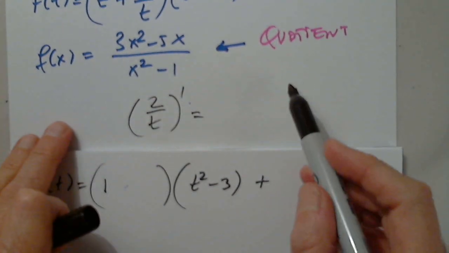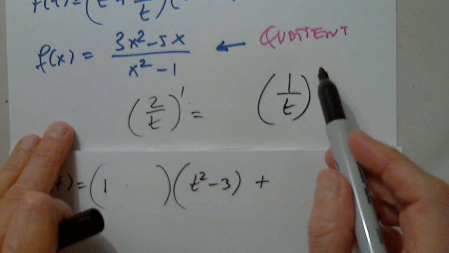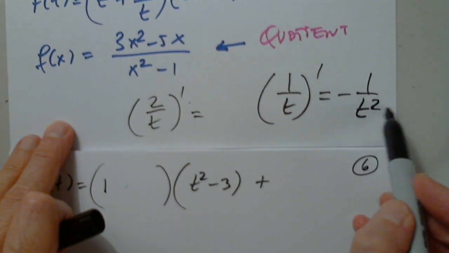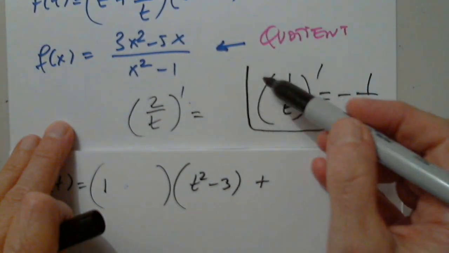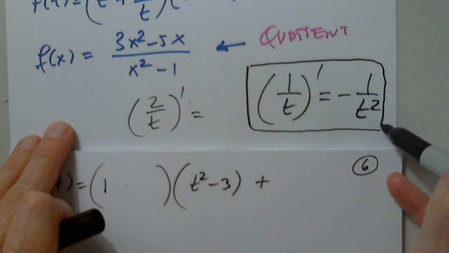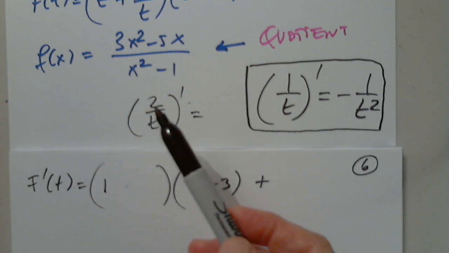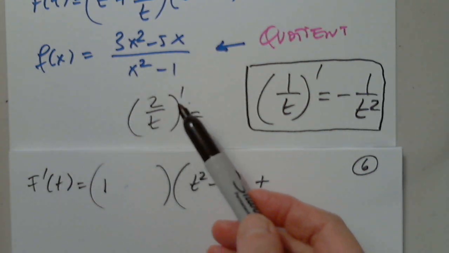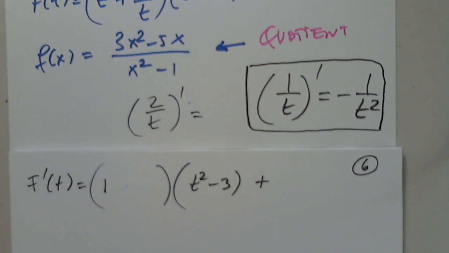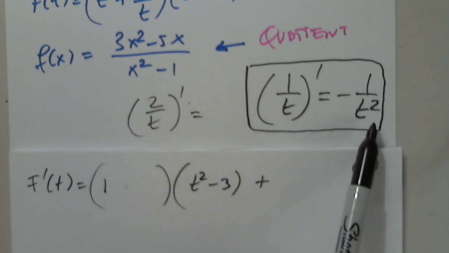We carved in stone the derivative of 1 over t a long time ago as negative 1 over t squared. This is one of the very important rules that we cannot forget. So now, keeping this in mind, can anyone give us the derivative of 2 over t? Negative 2 over t squared.